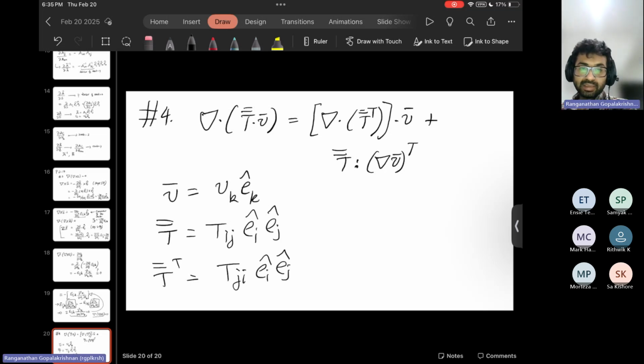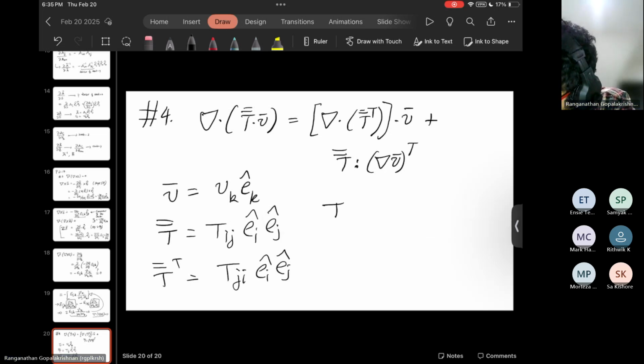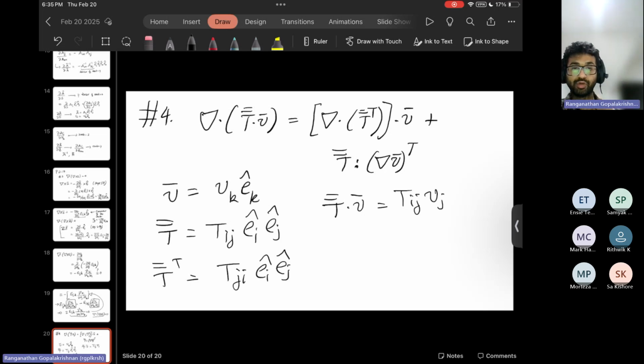With me so far? What would be T dot V? That would be T_ij multiplied by V_j. Would you agree? You have to dot e_j and e_k, which will give you delta_jk. So instead of V_k, I'm writing V_j.